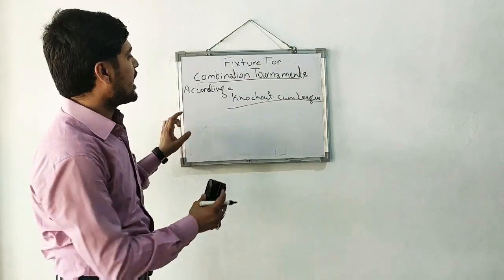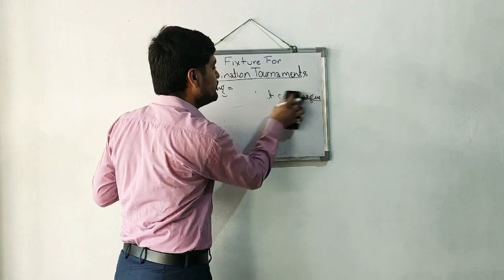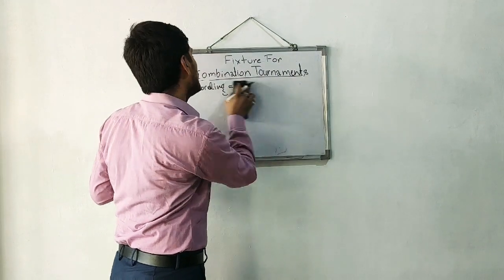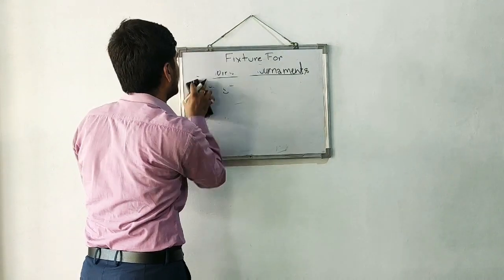So I mentioned that I am making a fixture of 12 teams by following the knockout come league method.